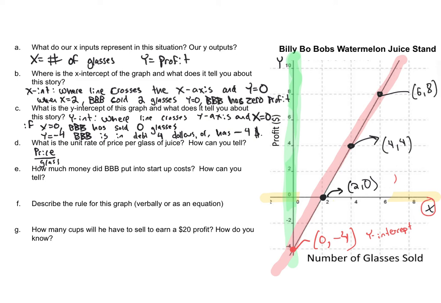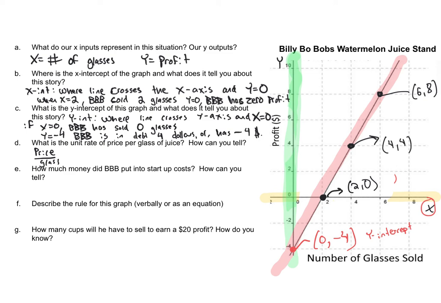And we can use any one of these to find our unit rate if we think about what the x and y mean. So if the x-axis is the number of glasses sold, and the y is profit, and we're looking for the price per glass, we can say, well, when Billy Bob had sold 0 cups, he was -$4 in debt.